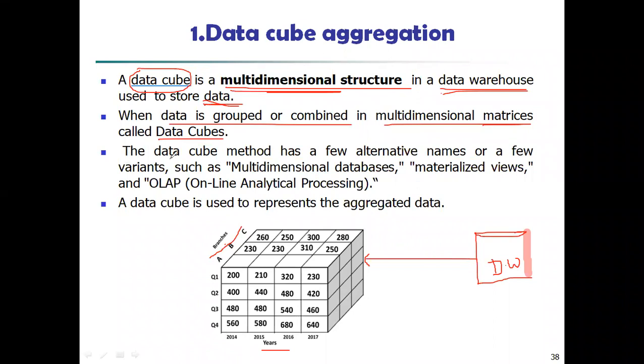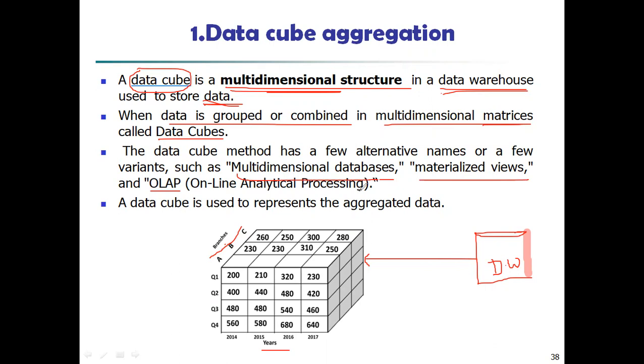And the data cube method has a few alternative names. This data cube may also be called a multi-dimensional database, or materialized views, and one more name, OLAP, online analytical processing.